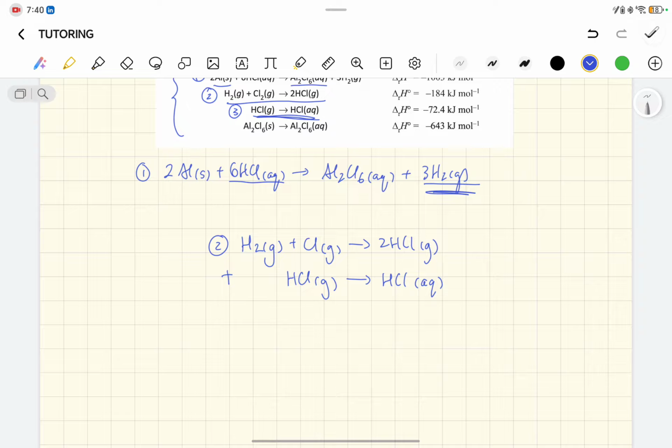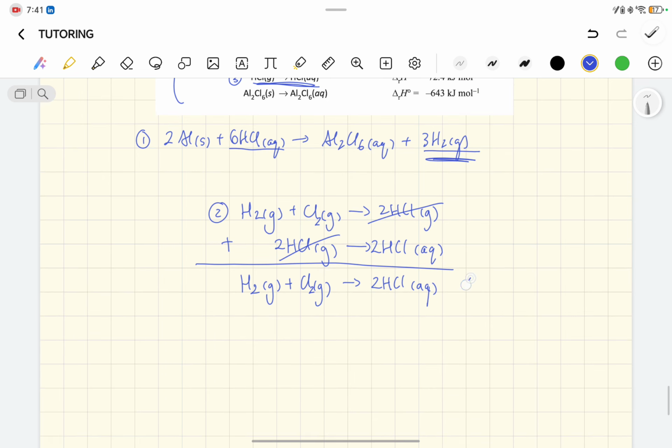Now look, if we add it 2 times, this and this cancel out, and so we're left with 2HCl aqueous on the product side. So essentially this gives H2 gas plus Cl2 gas, missed the 2, and this gives 2HCl aqueous.